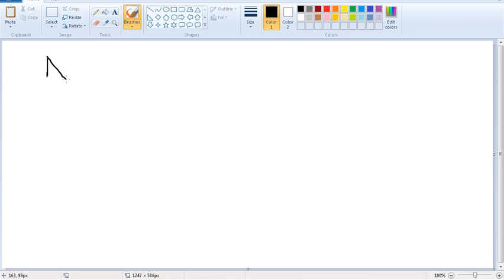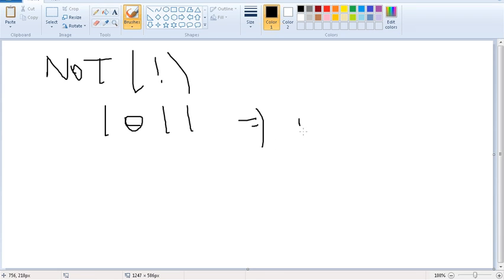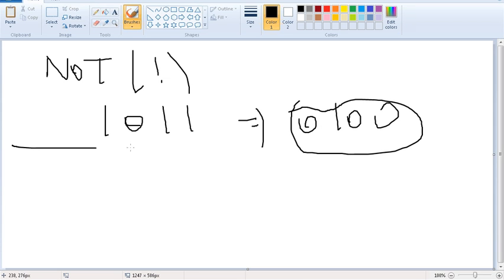Next is your NOT operation, that is used for inverting the bits, and this is denoted by exclamation mark. Suppose I have a number, this one. So the NOT operation is 0 1 0 0, means inverting the bits. 1 becomes 0, 0 becomes 1, 1 becomes 0, 0 becomes 1. This is the NOT operation for the 1 0 1.